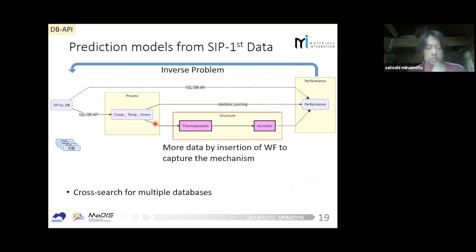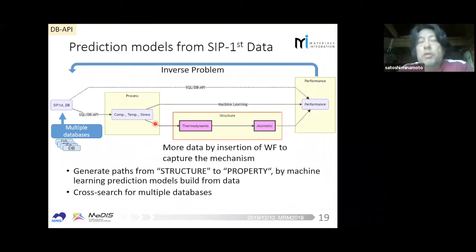And at this moment, we are thinking to change the database concept. Okay, so at the first stage, we accumulated data, mainly the experimental data which was performed in NIMS in Japan, and we built relatively big experimental databases in RDB format. But sometimes the structured database contains only PP information.